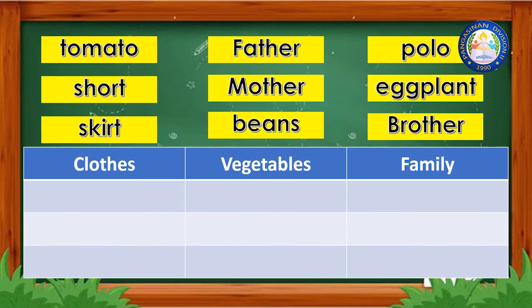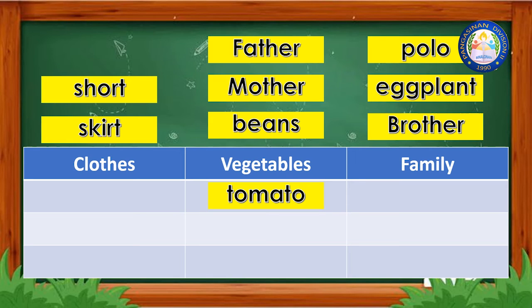Time is up! Are you done, class? Okay, since everybody finished, let's answer the activity. Tomato is the hyponym of what? Is it clothes, vegetables, or family? Anyone? You are correct.